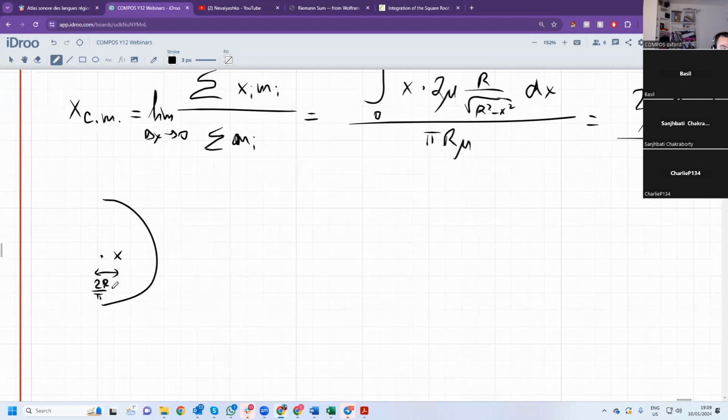And once again, if the radius is 2 meters, the x center of mass is 2r, so 4 divided by pi. It's approximately 1.27 meters. So it's a bit further past, and that makes sense because there's a lot of mass here and less mass on the left. So yeah.